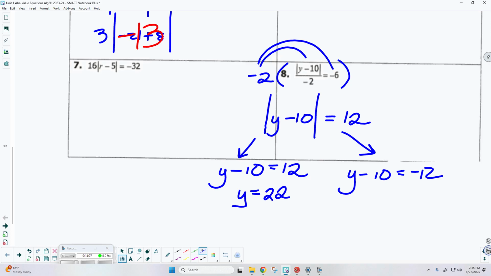And if I add 10, negative 12 plus 10, that gives me, okay, negative 2. Now, I'll go ahead and tell you both of these do work. But I would encourage you, take a few seconds, plug in your answers, and see what happens. So I'm going to write in the squiggly brackets, negative 2, comma, 22. Okay. That's all there is to it.